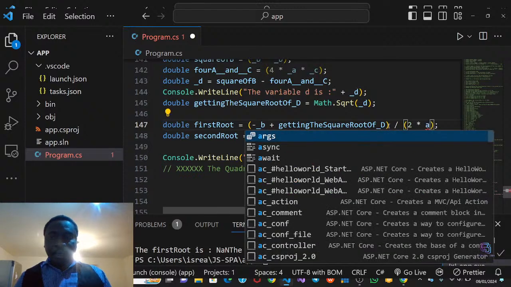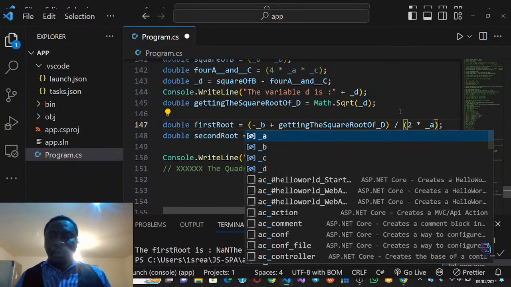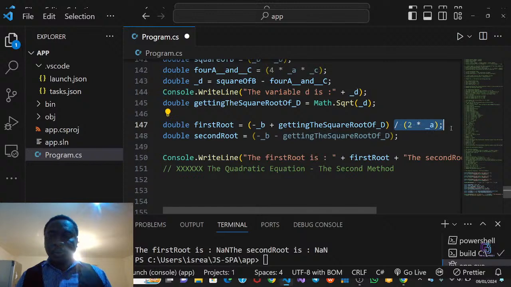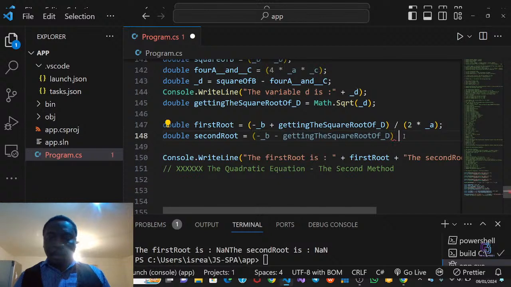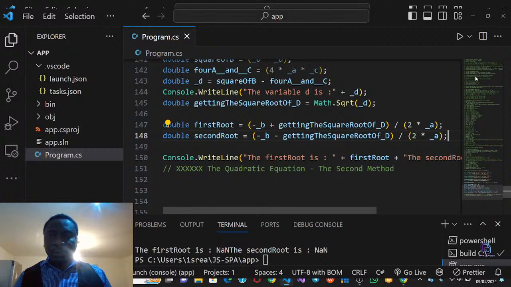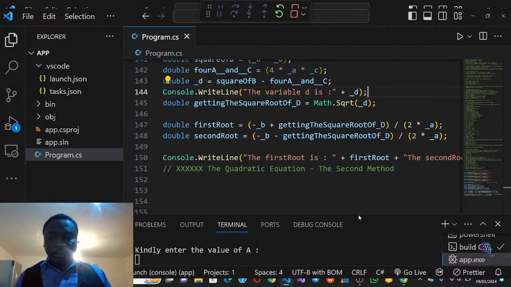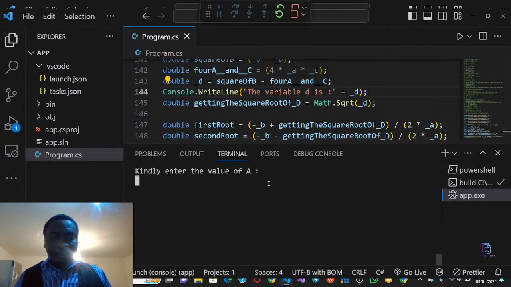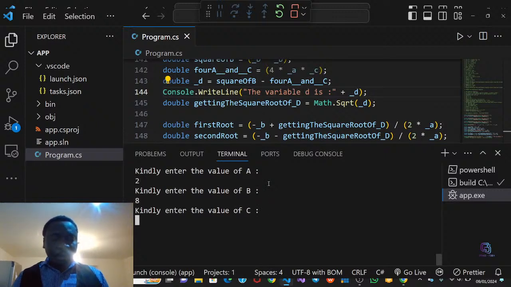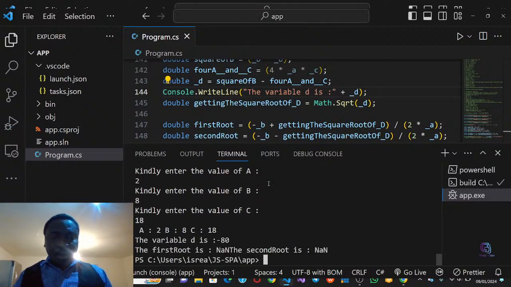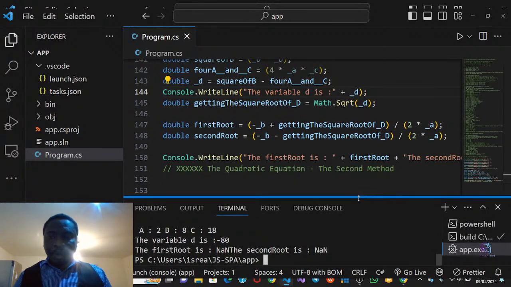2 times a, there'll be underscore a. Divided by 2a. So we look at the first root divided by 2 times a.